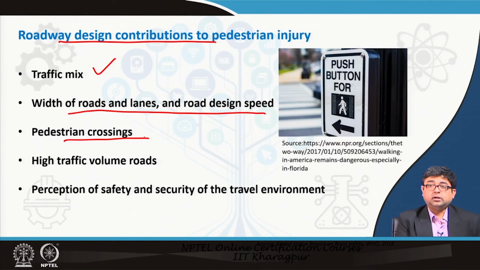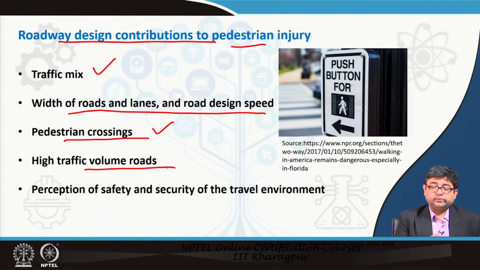Pedestrian crossings are almost always not very well designed. The stopping sight distances are not provided. Also, when refuge islands are needed, there are no refuge islands there for pedestrians to safely cross. So those design parameters also are a contributor to pedestrian injury.